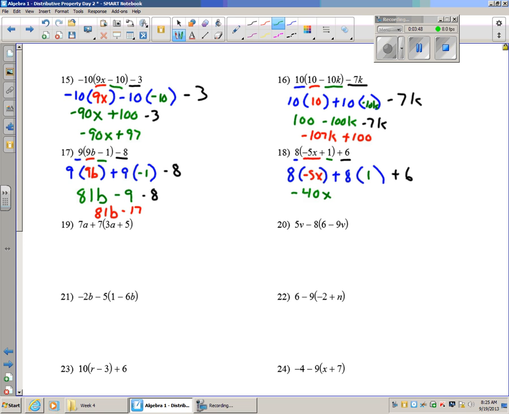And 8 times 1 gives you 8. And then the plus 6 just drops down. When you combine like terms here, you get negative 40x, and 8 plus 6, that's 14.